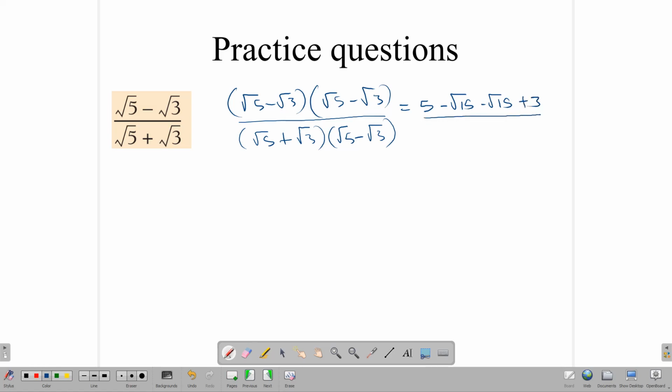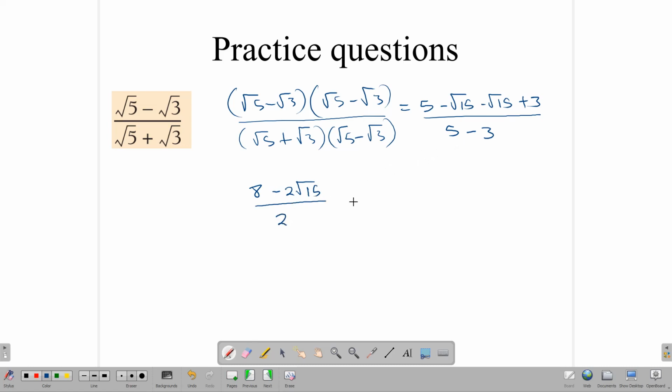All of that over the denominator, root 5 times root 5 is 5, and that is minus 3 there. So we end up with, in the numerator, 5 plus 3, that's 8, minus 2 root 15, a minus 1 and a minus 1. And that is written over 2, since 5 minus 3 is 2.